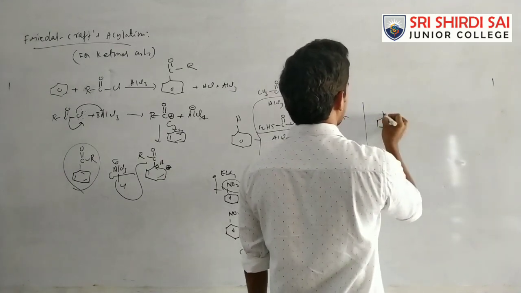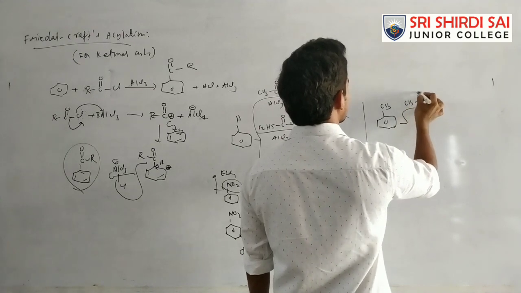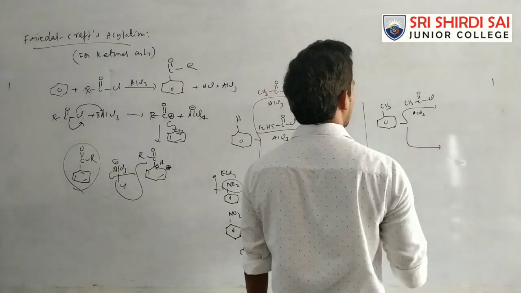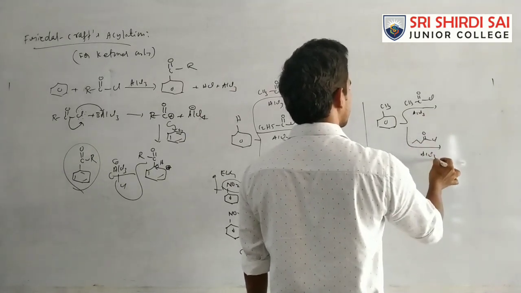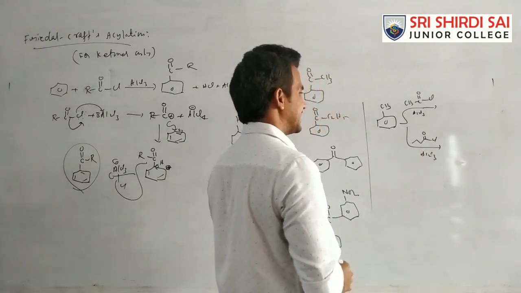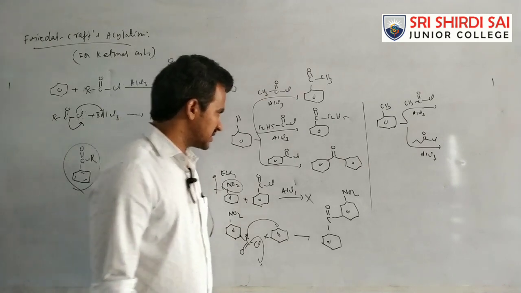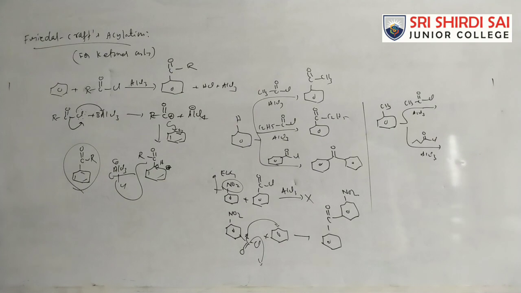So write the products of this reaction: CH3COCl with AlCl3, and the next, C=OCl with AlCl3. Write the products. That's it, the Friedel-Crafts acylation reaction.